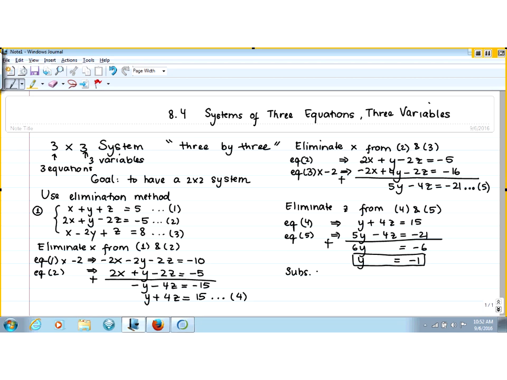So substitute y equals negative 1 into equation 4. Okay. So when you substitute, you have negative 1 plus 4z is 15. So 4z is, what is 4z here? 16. Z is 4.